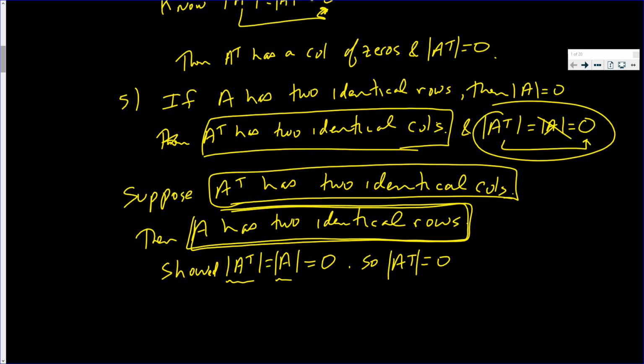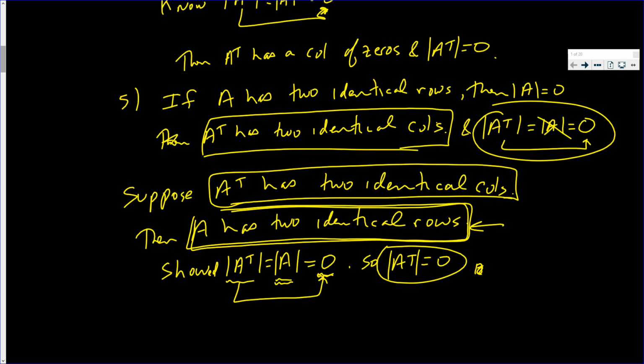And since A has two identical rows, its determinant is 0. So, in particular, the determinant of A transpose equals 0. But that's what I wanted to show.